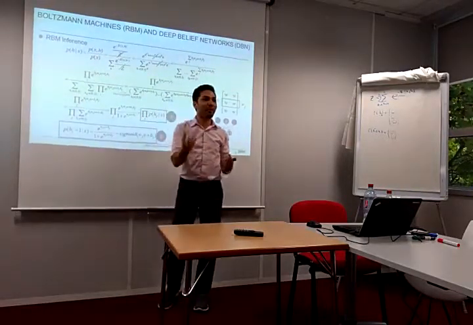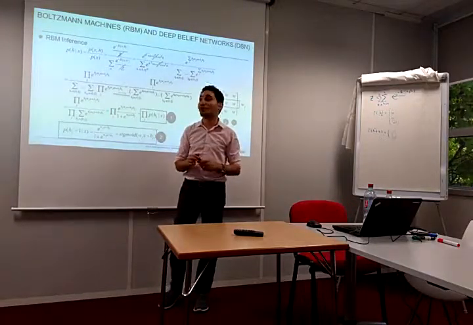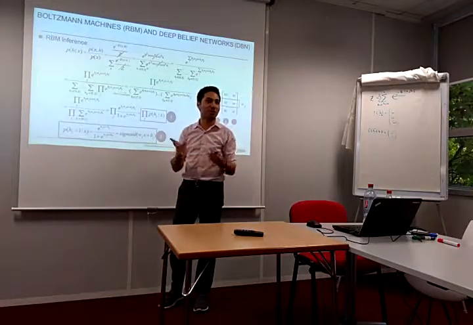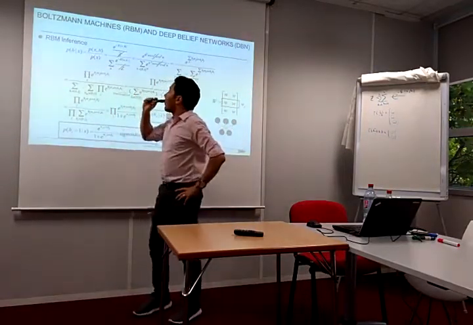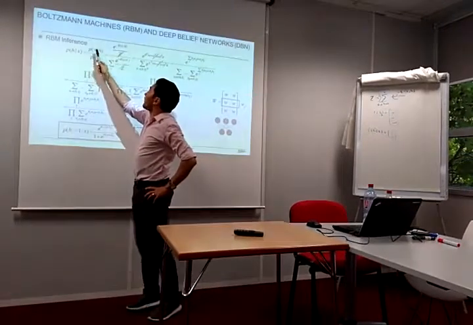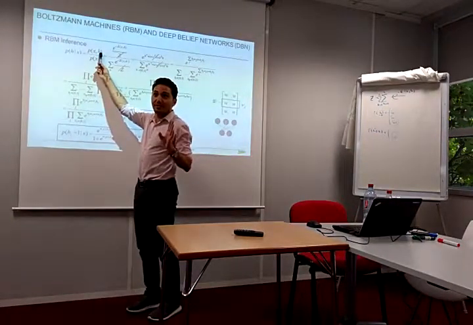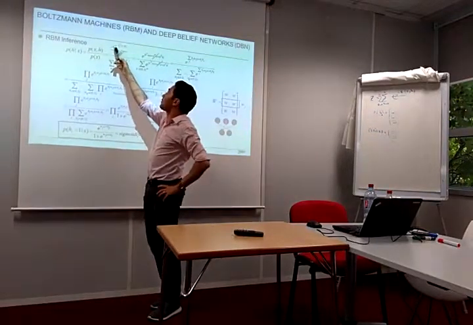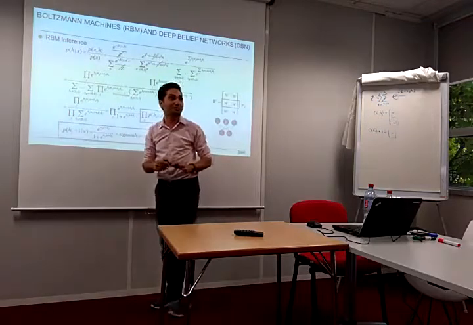We can prove it by giving some simple example and some visual examples, but if you know it, I will not do it. Okay. Do we know what is the probability of X and H? Yes, we already assumed it. It is e to the minus energy over the intractable term Z.